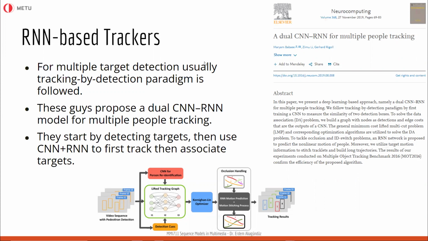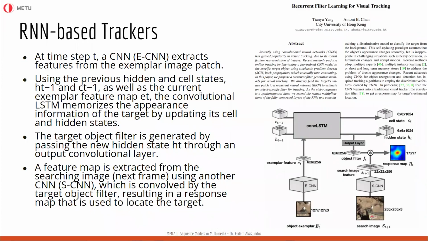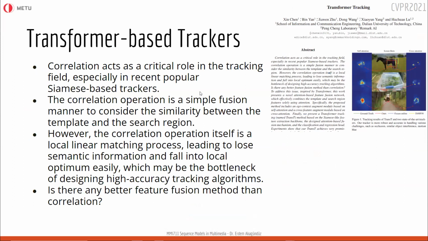Now, I'm going to be talking about the next stage of events, which is the transformer-based trackers. Well, if you haven't realized it already before this lecture, I think at this point you know that tracking is a sequence-to-sequence problem. And the best sequence-to-sequence modelers we have currently are the transformers.